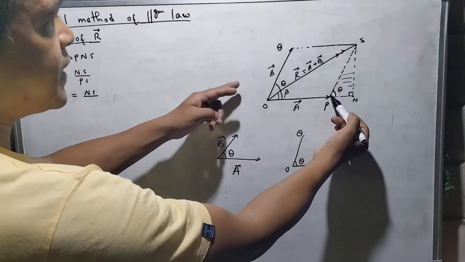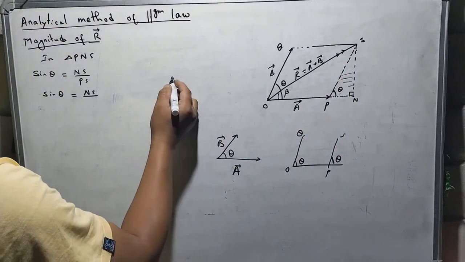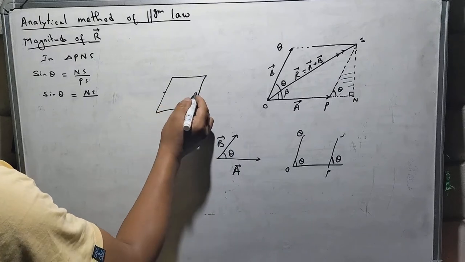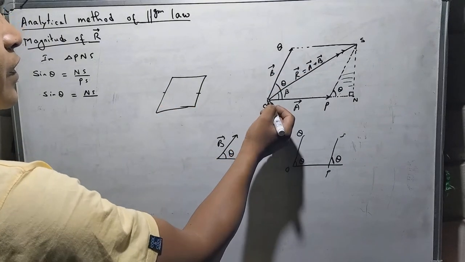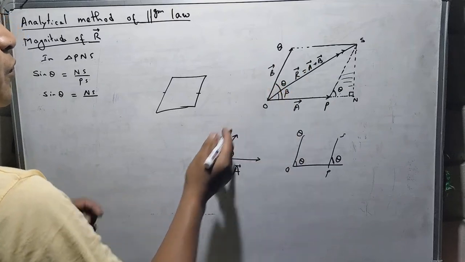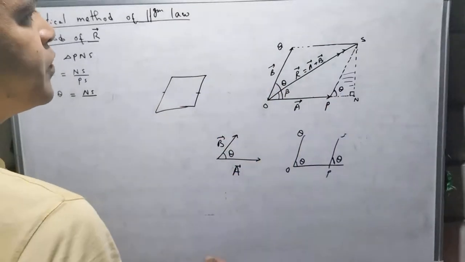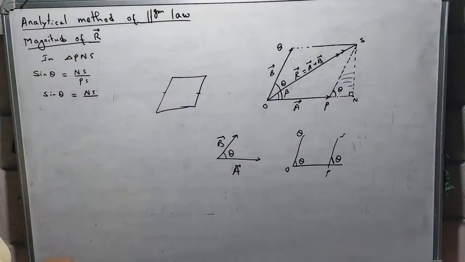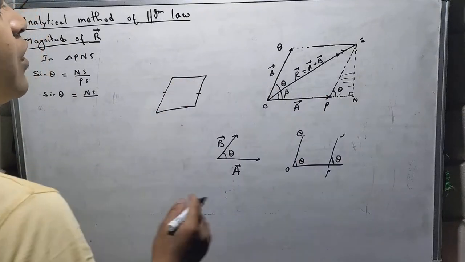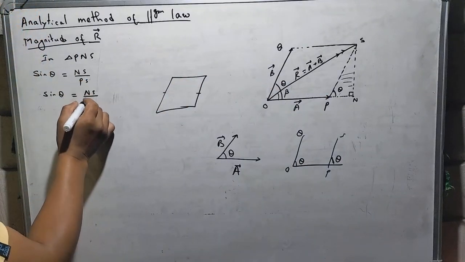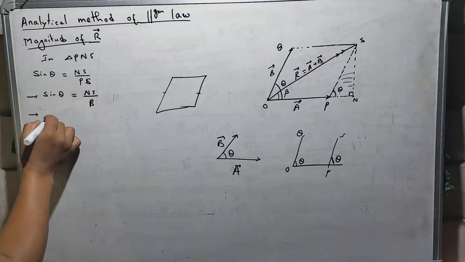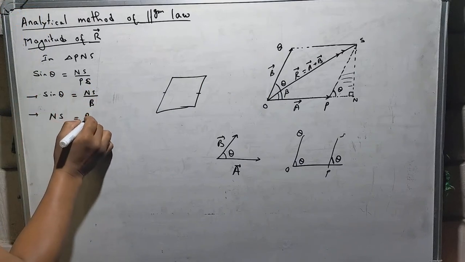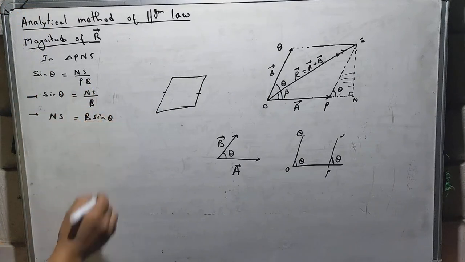PS is a side of the parallelogram, and in a parallelogram the opposite sides are equal in length. So if OQ is equal to B, then PS also should be equal to B. When I say PS, I mean only the magnitude of the vector B, so instead of PS, I'll write B. So NS is equal to B sine theta.